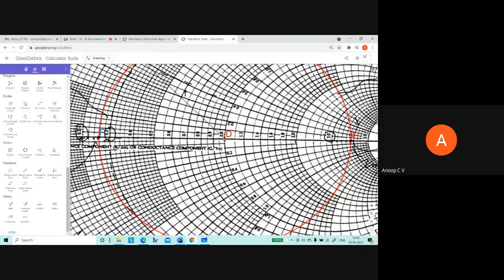So what was the value you told, Sherwin? 0.26. So we are getting 0.26. This line is 0.3 and this circle is 0.2, so it lies in between. There are 1, 2, third division, so it will be 0.2, 0.22, 0.24, 0.26.